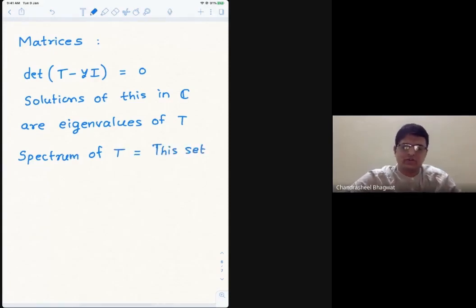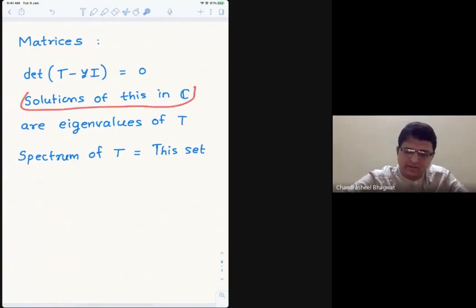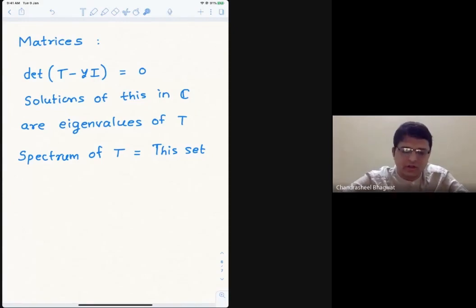You look at the set of solutions of a polynomial equation. The general theory tells you that such solutions always exist, at least one solution is there. And in fact, the number of solutions, if you count correctly, will be exactly the order of this matrix T.